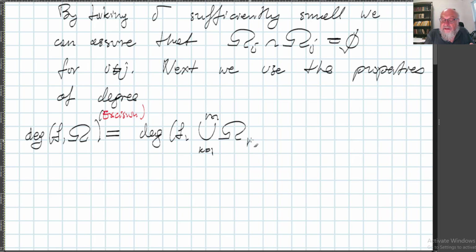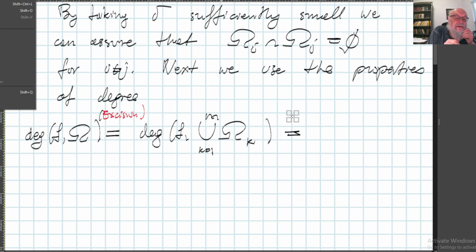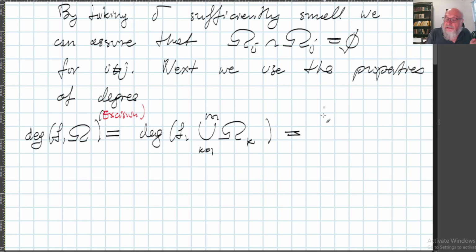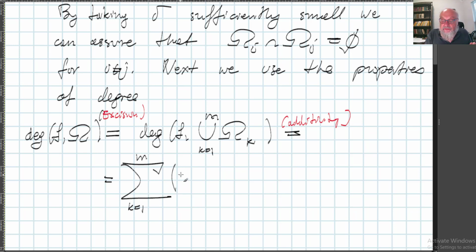Then the next one is additivity. So it will be equal sigma, and this is k is equal to 1 to m, and then that one will be equal to degree of f, and this will be omega k.